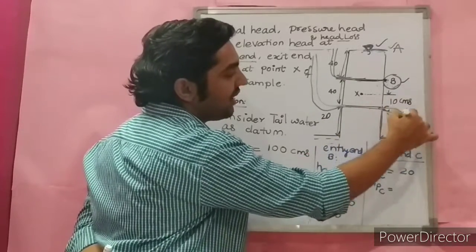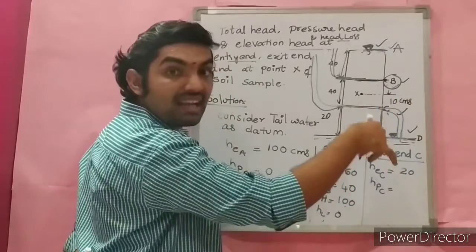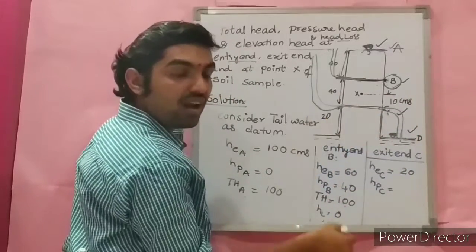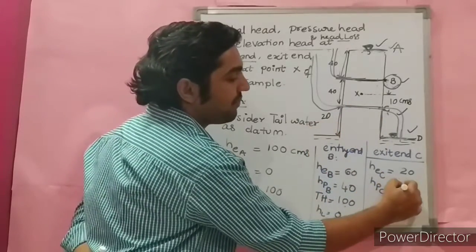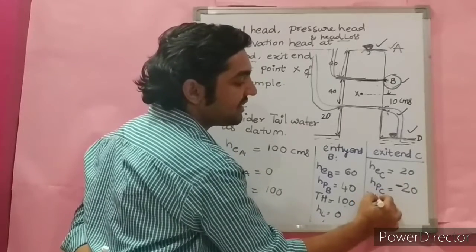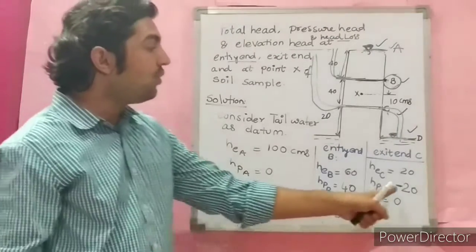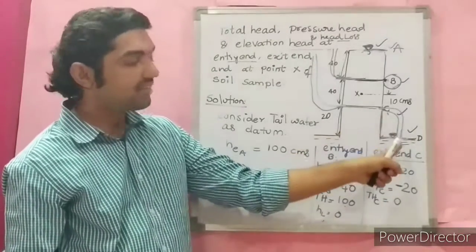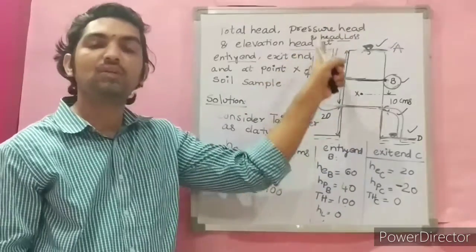Water will rise up to this, but water will fall here, like capillarity. How much fall? Minus 20. Pressure head at C is minus 20. Total head at C is equal to 0. Why negative? Because it is falling. Falling always takes minus sign. Rise always takes positive sign.